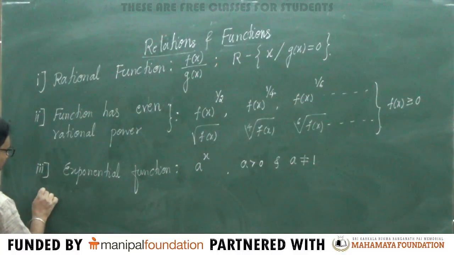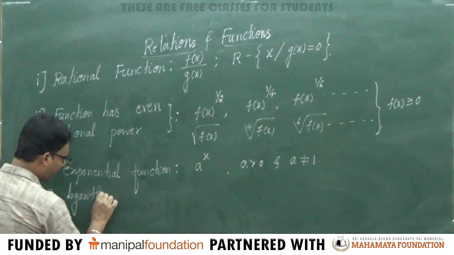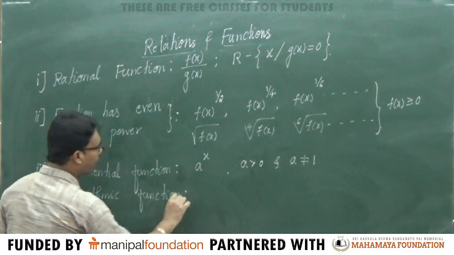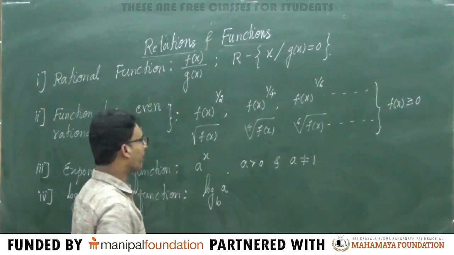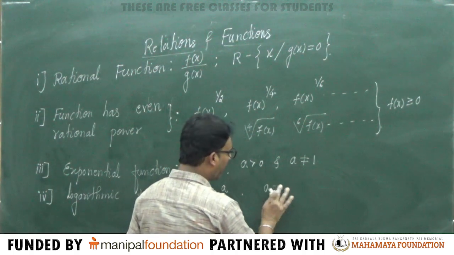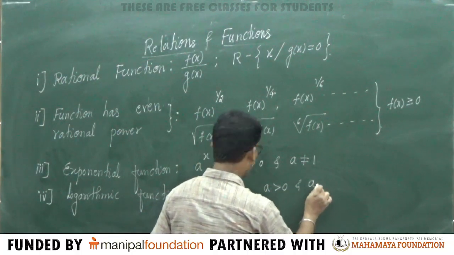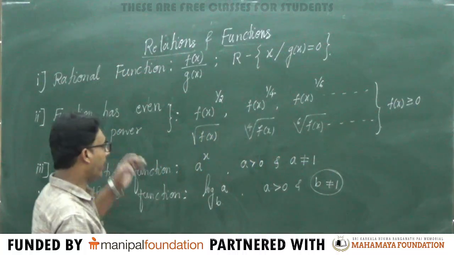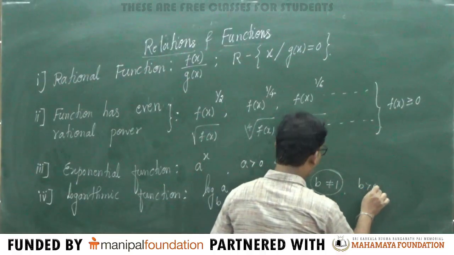And the fourth one is the logarithmic function. Whenever a logarithmic function is given, let us say log of a to the base b, the first point is the value of a is always greater than 0, and the value of b is not equal to 1 and also always greater than 0.